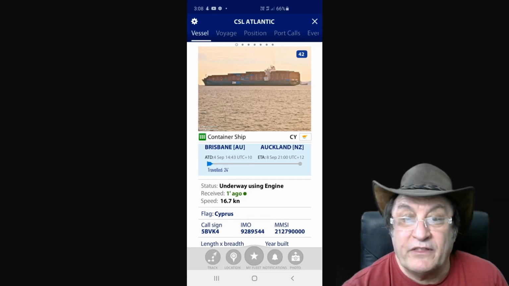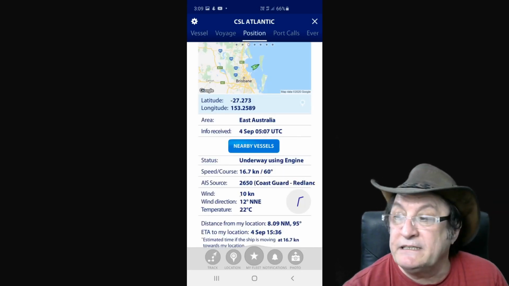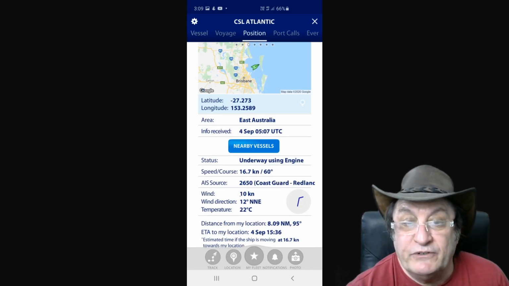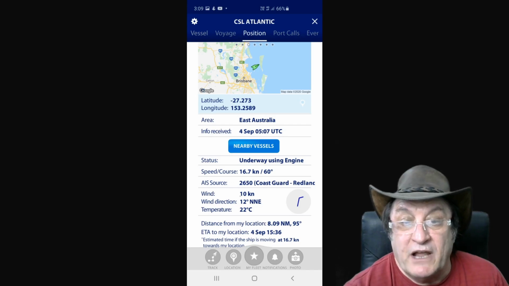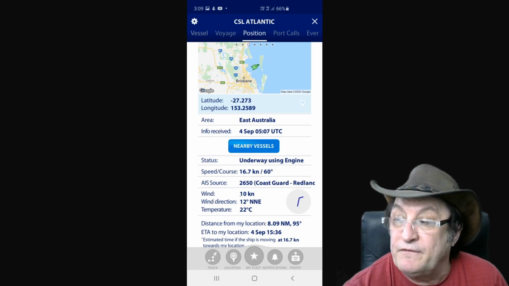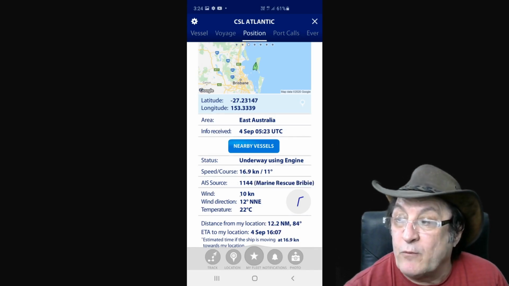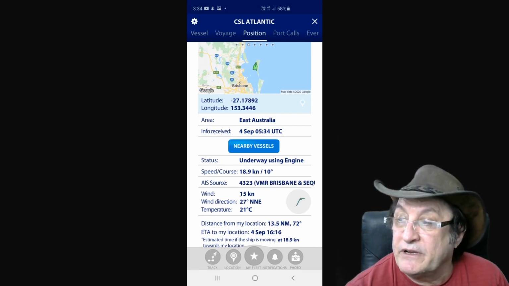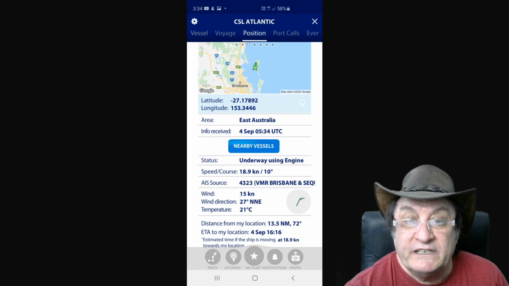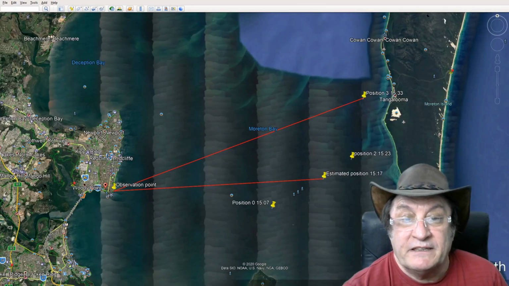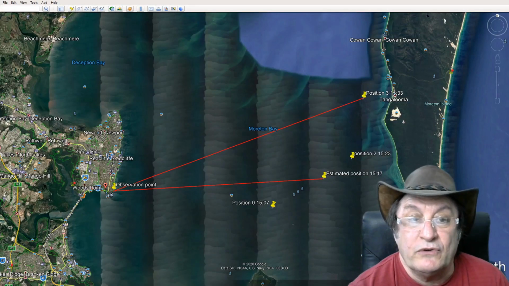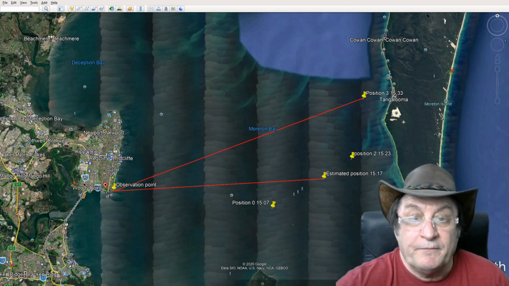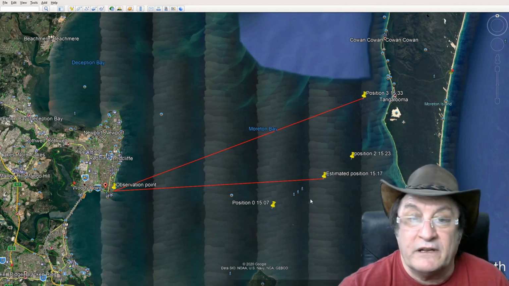And I've taken 3 position readings, one at 05:07 UTC, which is 3:07 p.m. in the afternoon for me, and another one at 5:23 UTC, and another one at 5:34 UTC. Now I've mapped these 3 positions on Google Earth, and I've drawn the lines that I've observed.